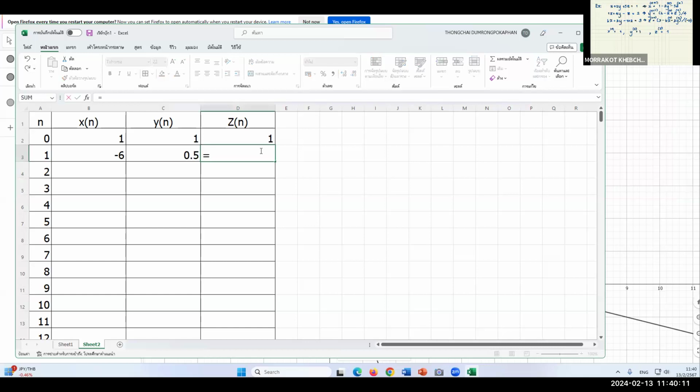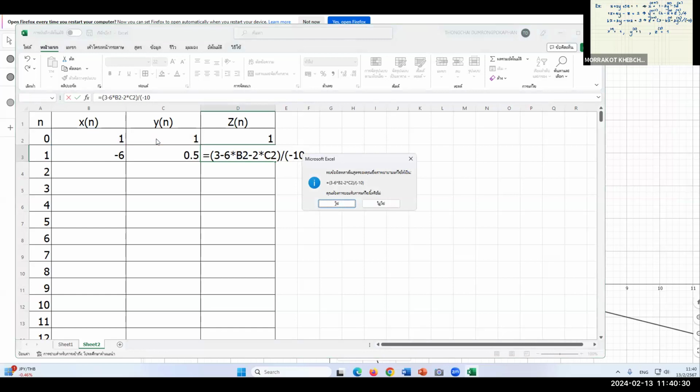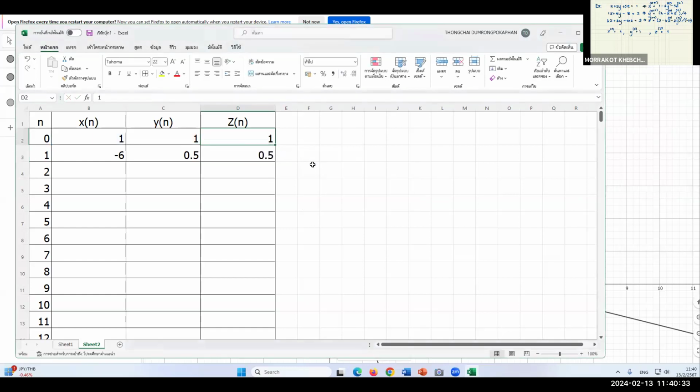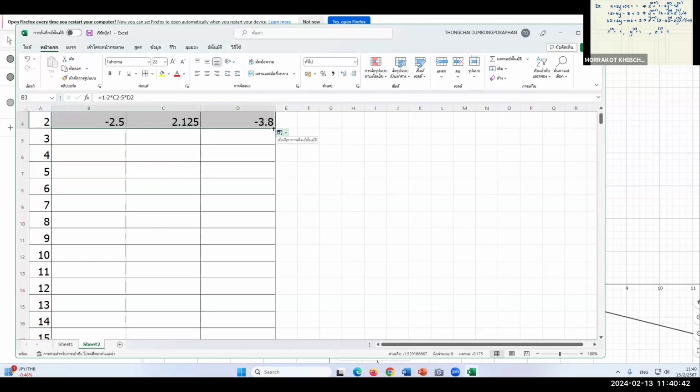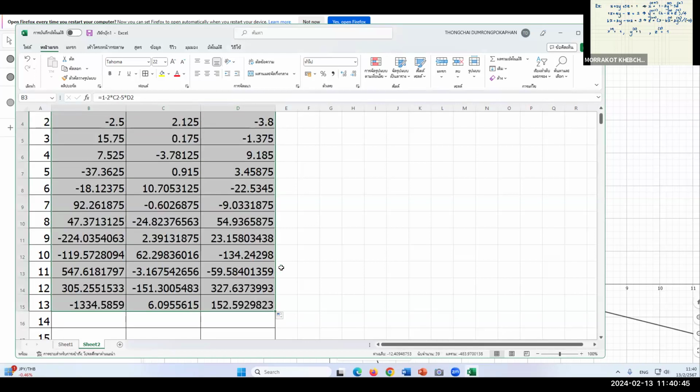And z(n+1) I get from 3 minus 6 times x, this one, minus 2 times y, this one, divided by negative 10. Okay. And then I'm going to copy, plug in and get out, plug in and get out.